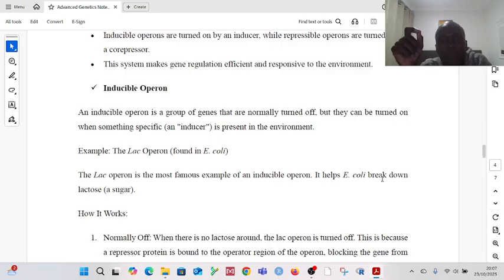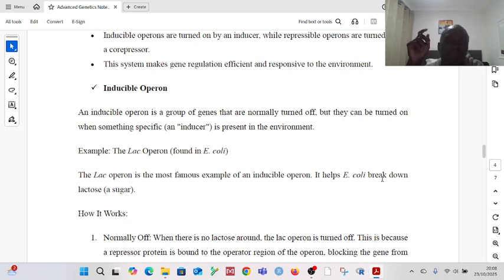But the group of genes that are normally off can be turned on when something specific is present in the environment. An inducer, if present in the environment, allows the genes which are normally off to be turned on.